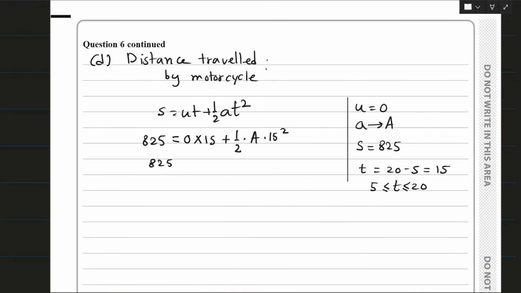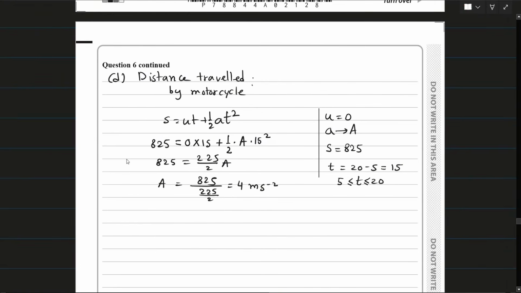Now we are making A the subject of the formula. So we have A as this. A is equal to 4 meters per second squared. So this is the acceleration of the motorcycle that led it to travel 825 meters within 15 seconds.